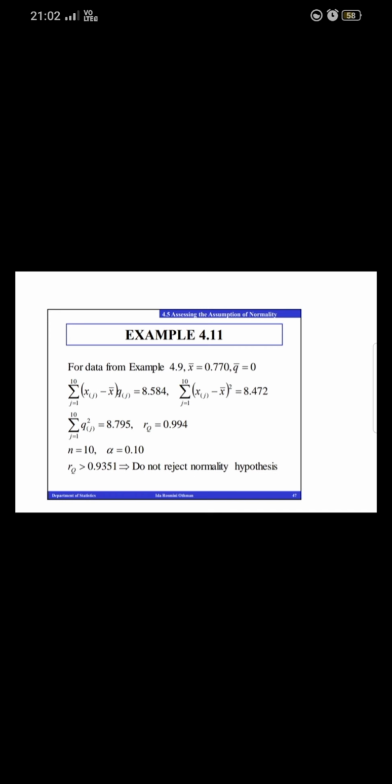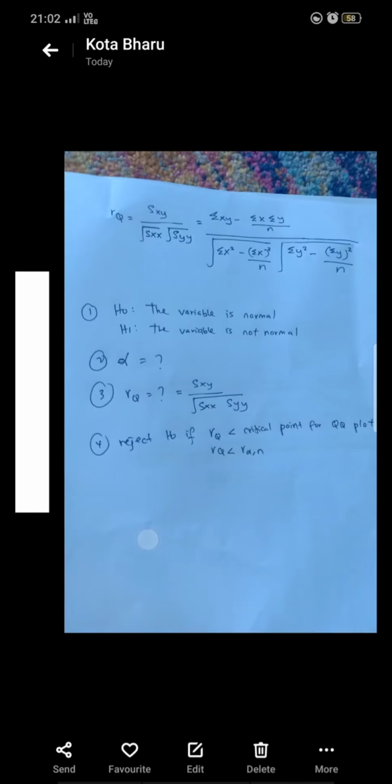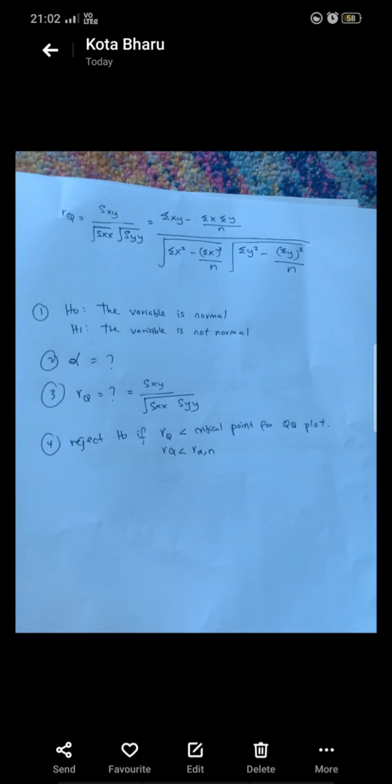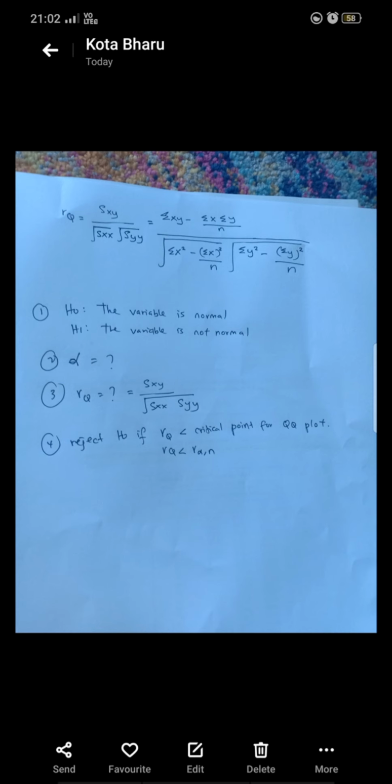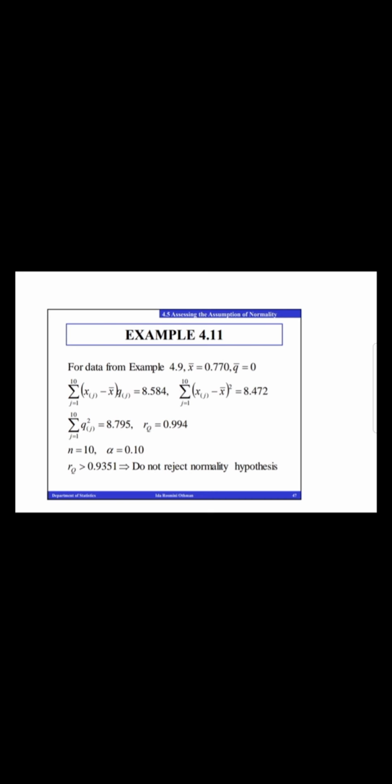So we compare the value of RQ with the critical point 0.9351. Okay, so because RQ is more than the critical point, so we do not reject H naught. Sebabnya kita reject H naught bila RQ less than the critical point. In this case, RQ more than the critical point. So we do not reject H naught. Bila we do not reject H naught, so we can say that the variable is normal.